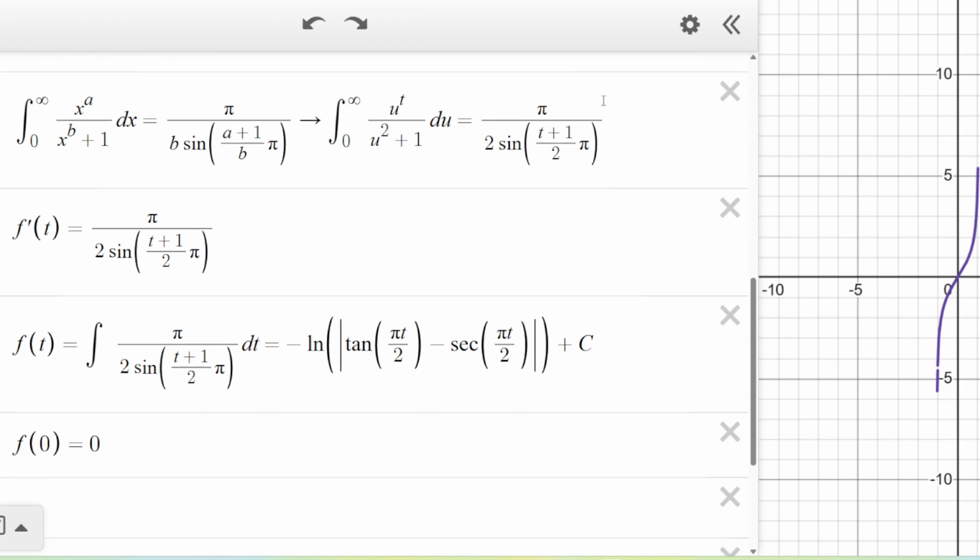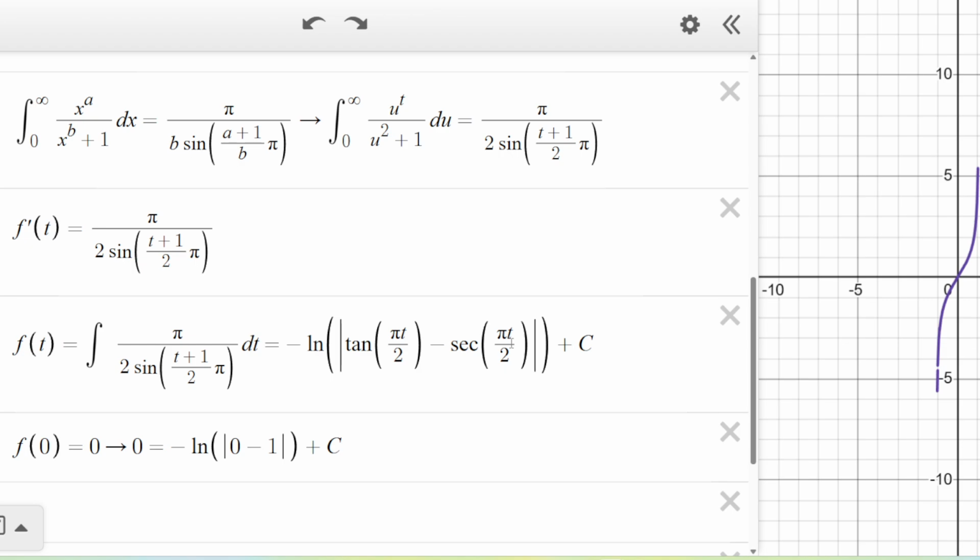that f of 0 is equal to 0 to show that c is equal to 0. So if we plug in 0 for t, we just get tangent 0, which is, of course, 0. And, well, what's secant 0?